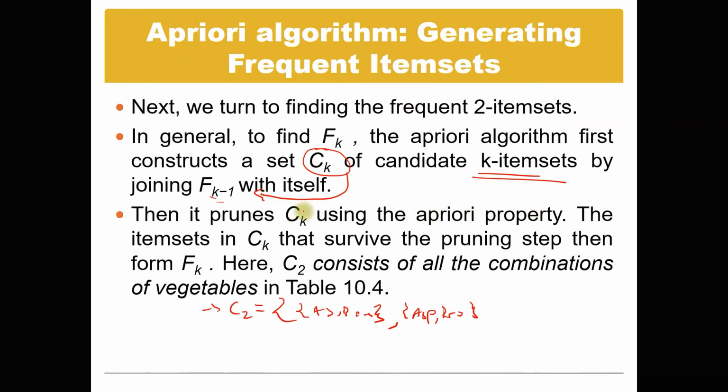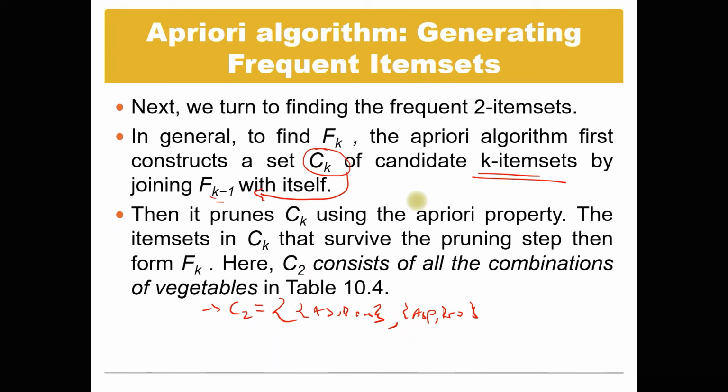Now what is going to happen is that we are going to prune C2, and then the item sets in Ck that survive the pruning step will form Fk. How do we prune C2?